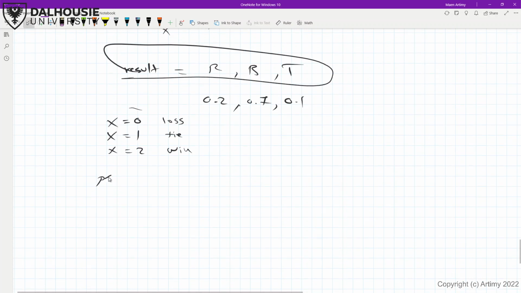So the probability of X equals 0 here, or I'll just represent it with saying 0.